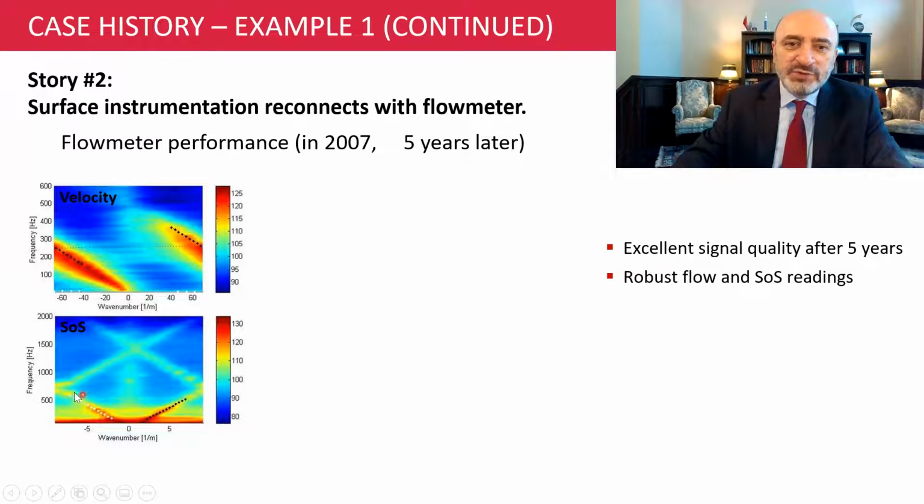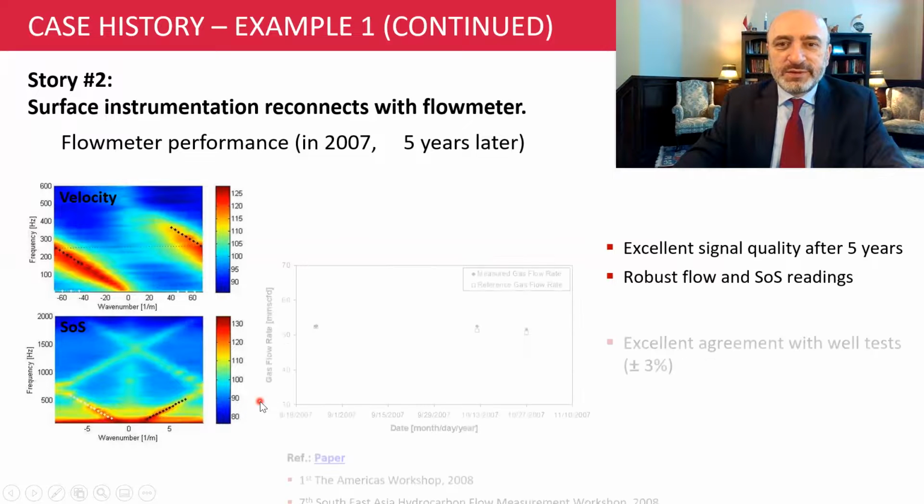For the speed of sound, we can see two ridges, two slopes. That's because sound waves propagate in both directions. One family of sound waves move with the flow, and the other family moves in the opposite direction against the flow. So that's why we have two different slopes.